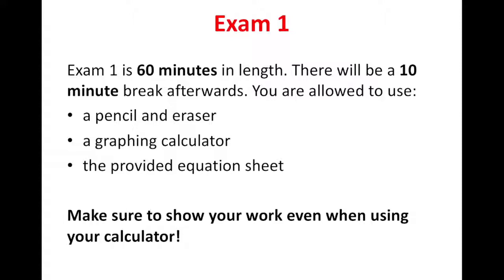You will still be able to use a graphing calculator and a provided equation sheet, and exam 1 will now be open book and open note, but it is closed internet and closed classmate, meaning you cannot get help from the internet at large, and you cannot get help from any of your classmates in the class. We'll talk more about take-home exam 1 next week, hopefully, assuming it doesn't snow again.